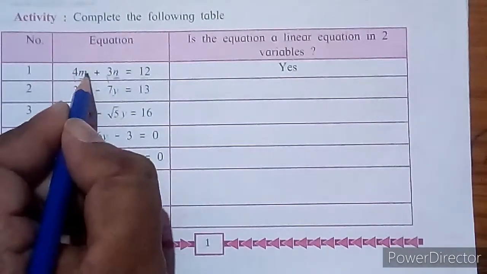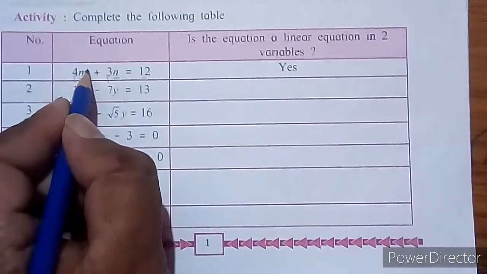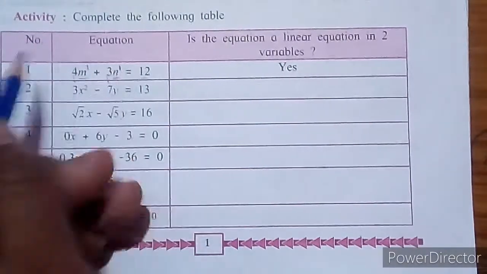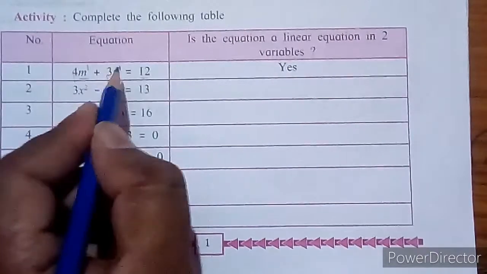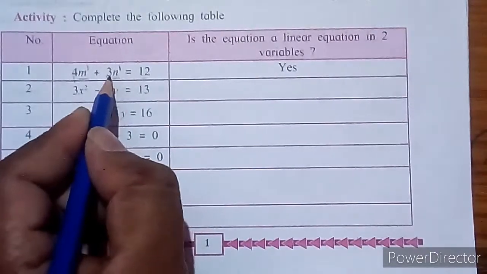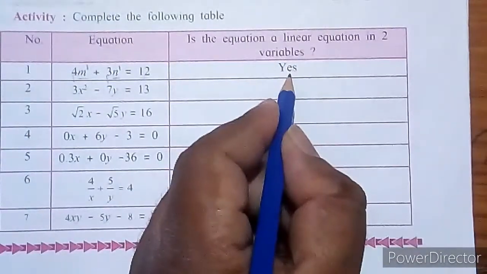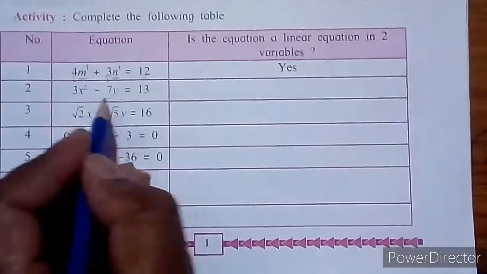And the power of the first variable is 1 and also the power of the second variable is 1. Therefore it satisfies the definition of linear equation. That's why it is a linear equation in two variables.